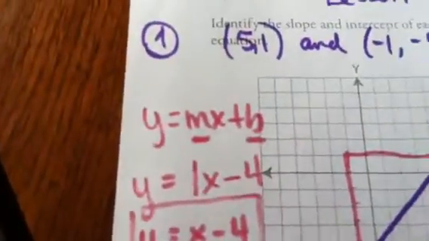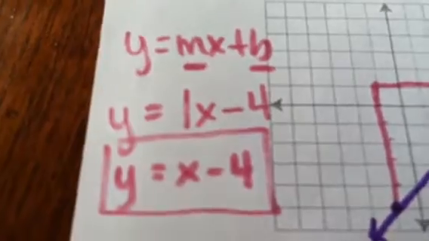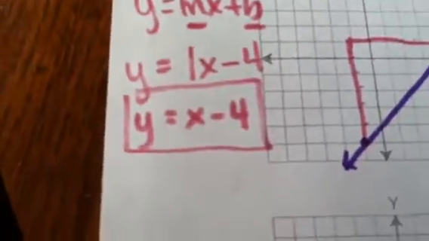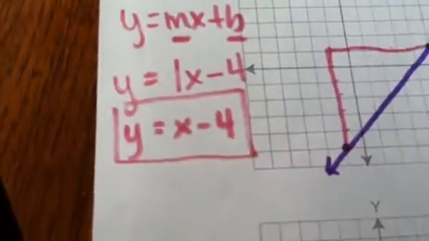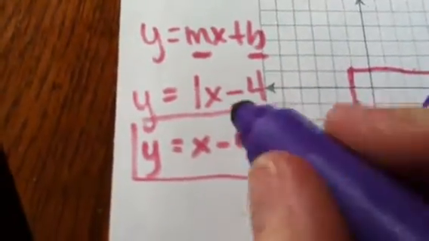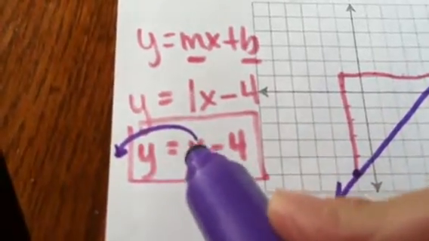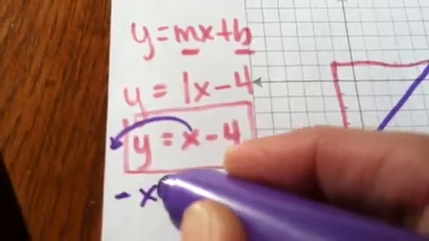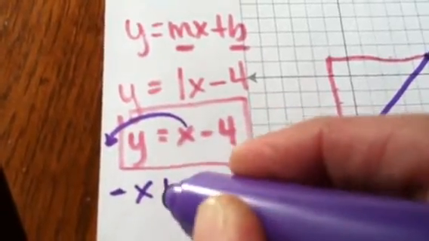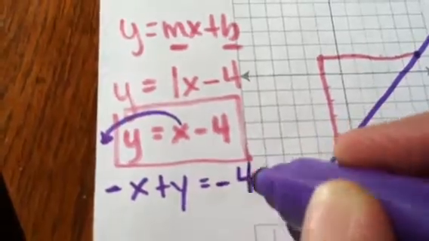Then it says give the standard form. The standard form, if you'll recall, is getting your x's and y's on one side and leaving your number, here's your number, -4, on the other side. If I take this x and move it over here to be with the y, a positive x on this side becomes a negative x when you move it over. That's still a positive y, so I'll leave it like that. This is a -4, so make sure you write it as a -4.